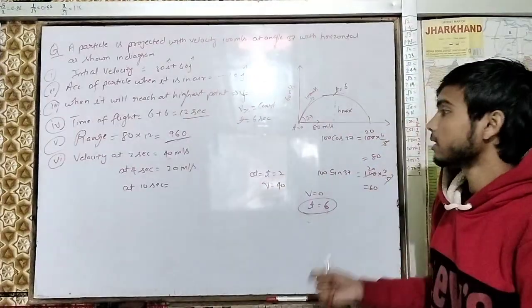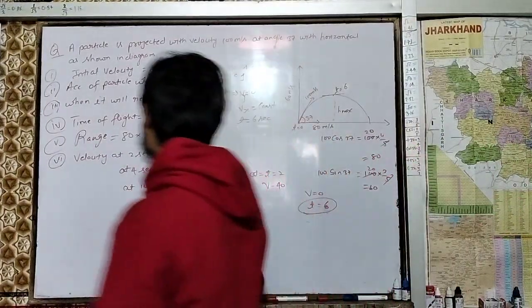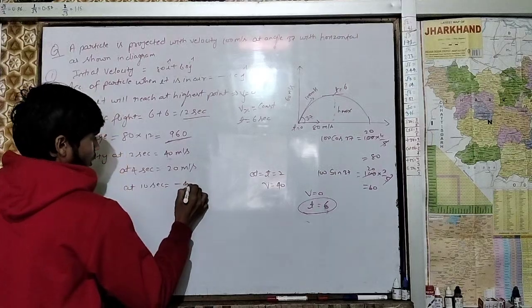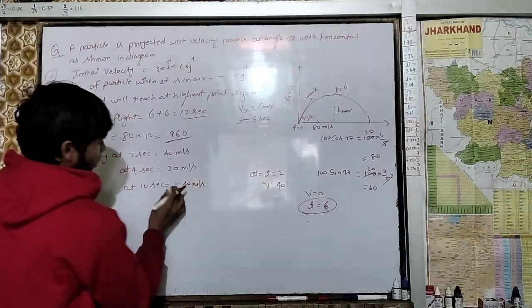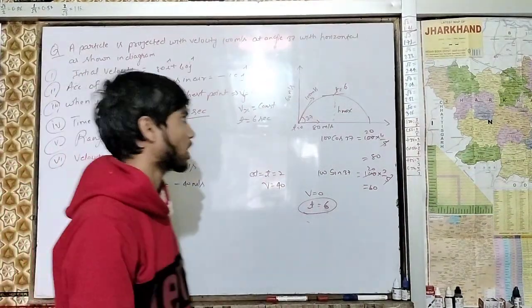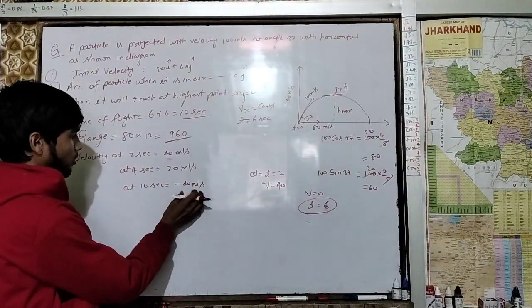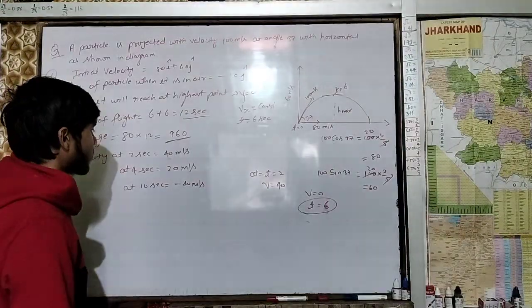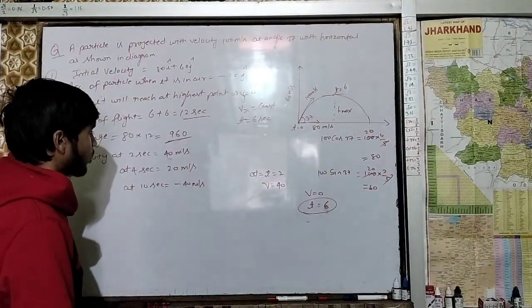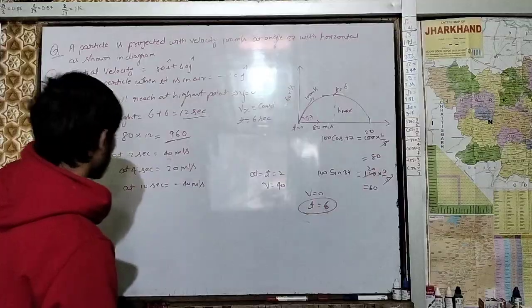So 60 minus 100 will become minus 40 meter per second. This minus is for direction. Direction is downward. At 10 second, velocity will become minus 40 meter per second. At 4 second, it is going to be 20 meter per second.